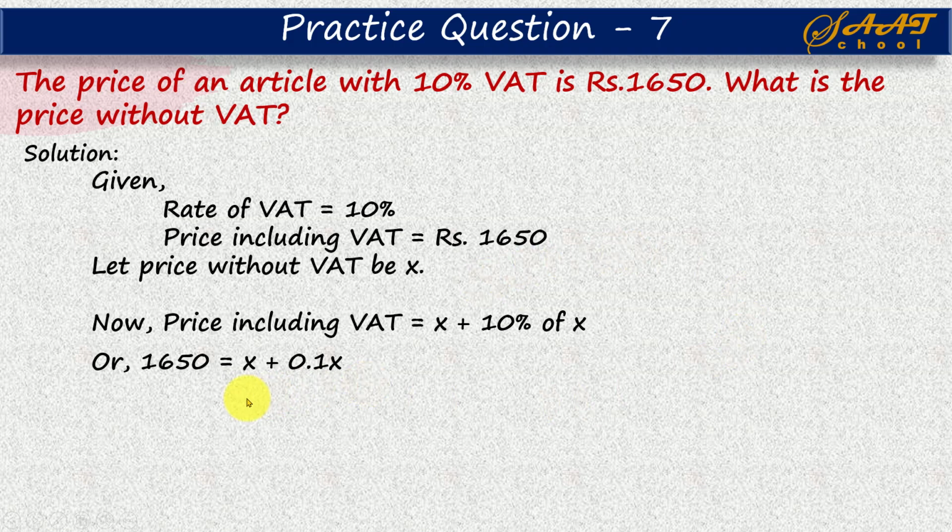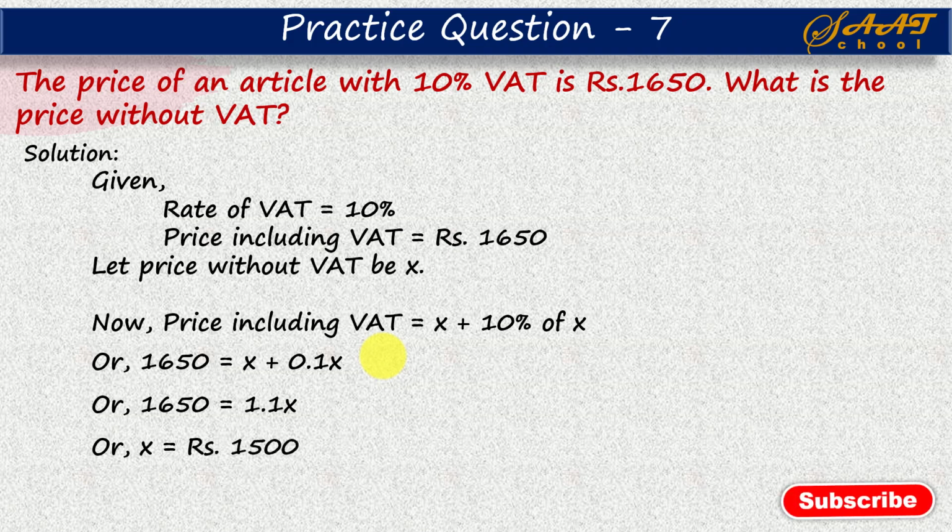Now if you add this 1x and 0.1x, then that is 1.1x. And once you divide 1650 by 1.1, the value should be equal to 1500. So 1500 is the price without VAT.